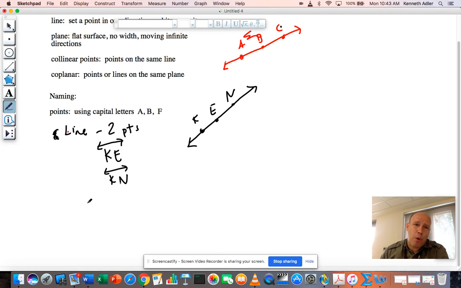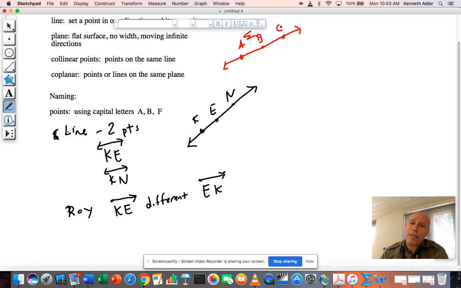The next thing we want to know how to label is a ray. And we spoke in the last class about exactly what a ray is. It starts with an endpoint and it moves in one direction. So I could say the ray KE. I can start my point at K and move in the direction of E. Now we're going to see that's different than if I wrote EK.